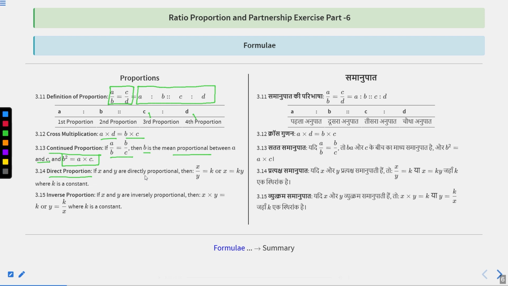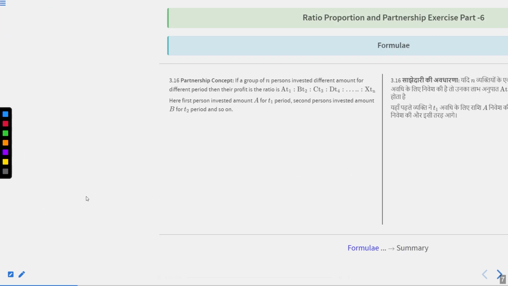If x and y are directly proportional, then x upon y equals k, where k is constant. So we can write it in other form, x equals ky, where k is constant. In the same way, inverse proportion: if x and y are inversely proportional, then x into y equals k, or y equals k upon x, where k is constant.